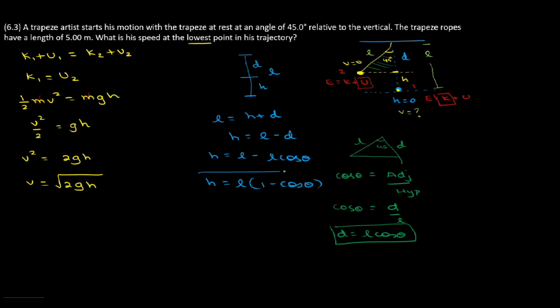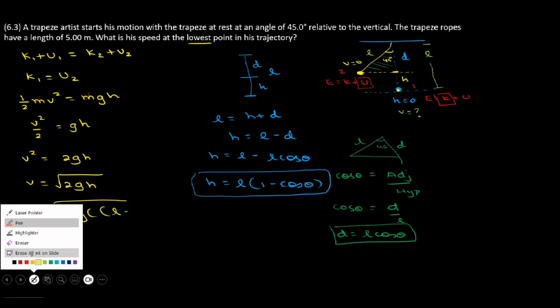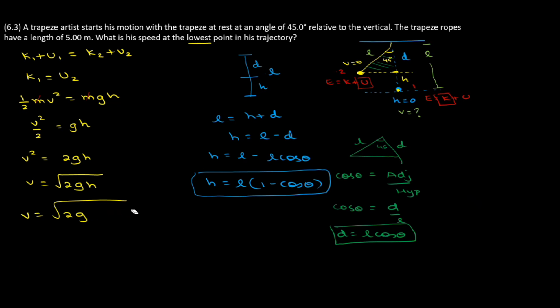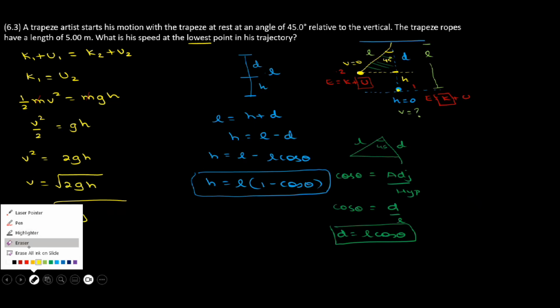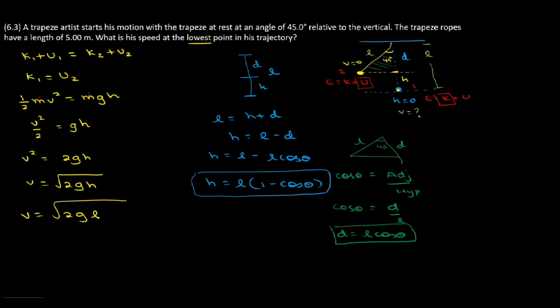After you get the value of h, let's substitute that in our main equation for v. So v equals square root of 2 g L times (1 minus cosine theta).